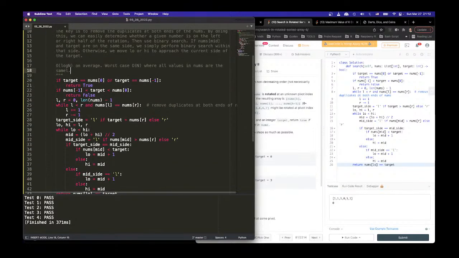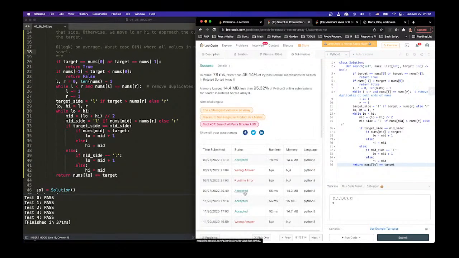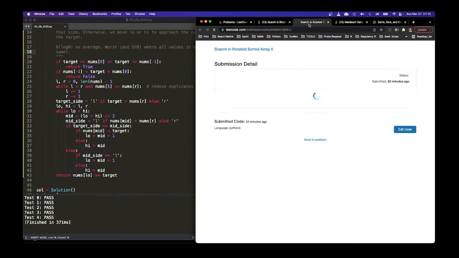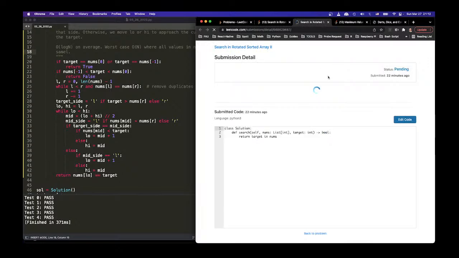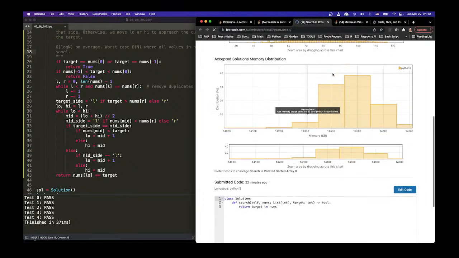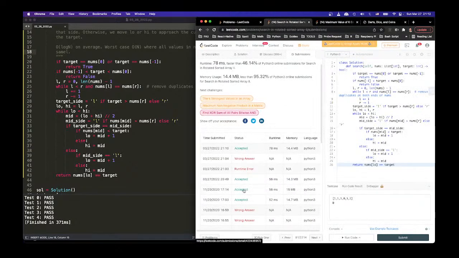Yep, that's my solution. I don't want to read errors, but I do want to see what I did back in the old times. Okay, this is not what I was looking for. Oh, that's today's solution.